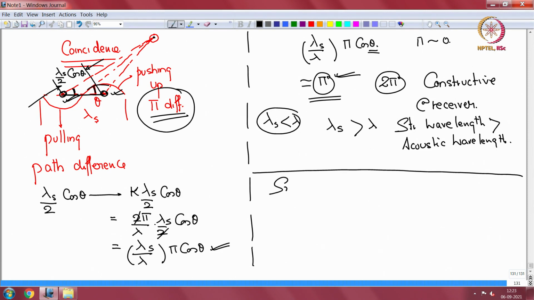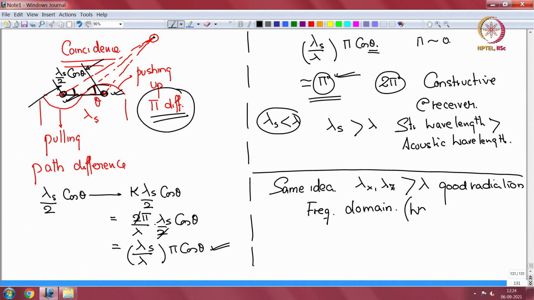The same idea, that lambda x and lambda z have to be greater than lambda for good radiation. We look at it in the frequency domain, or it is called the wave number domain.